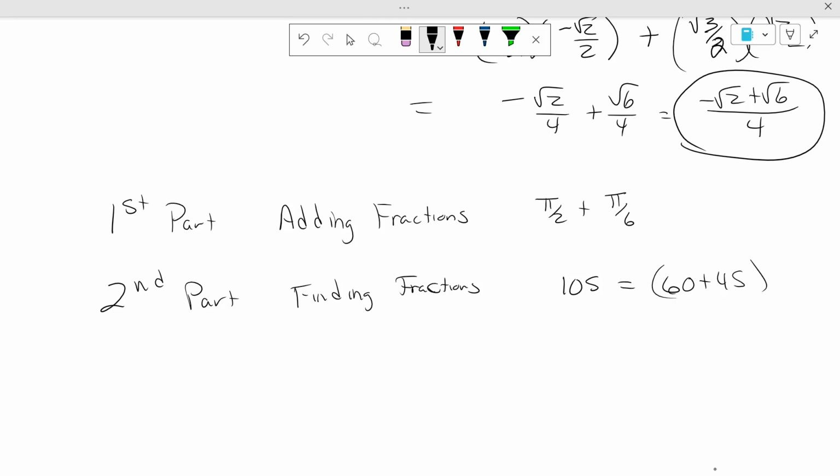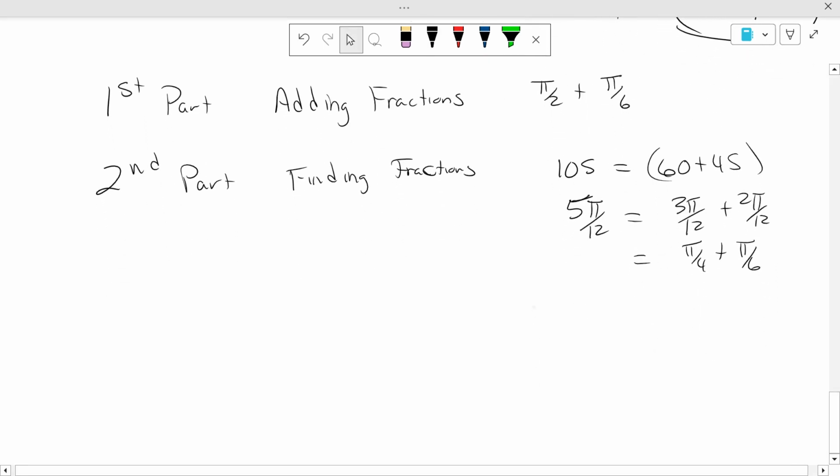So you're finding numbers that work. Or if you have 5 pi over 12, what makes 5 pi over 12? Well, it's 3 pi over 12 plus 2 pi over 12, which is pi over 4 plus pi over 6. So you don't have to do anything more than that on your first 2 parts.